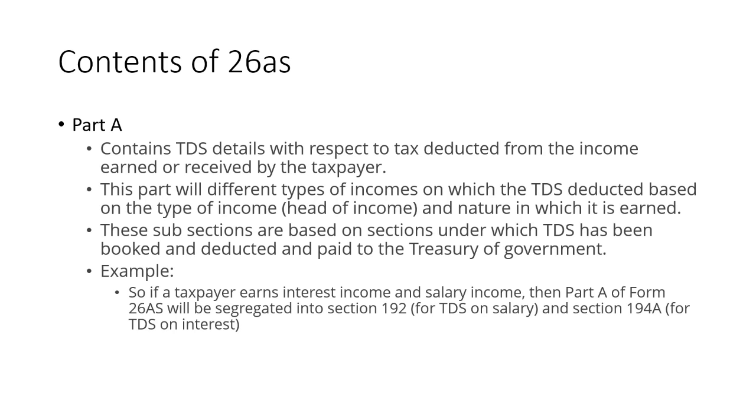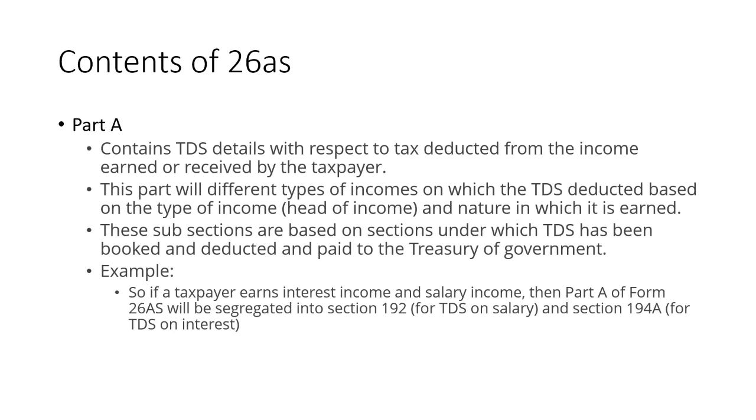If a taxpayer earns income, it will be automatically reflected by way of a TDS under section 192, which is salary, but there are other transactions under 193 to 195. All the transactions will appear in this form, wherever the tax has been deducted. Next, different types of income on which the TDS is deducted is also disclosed here, because I will go through the sections afterwards.